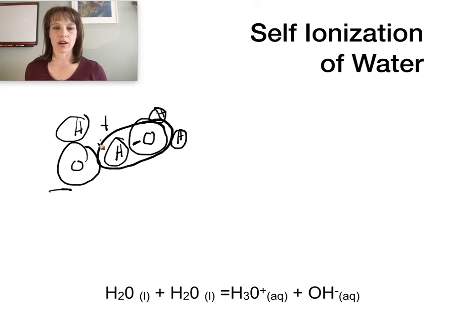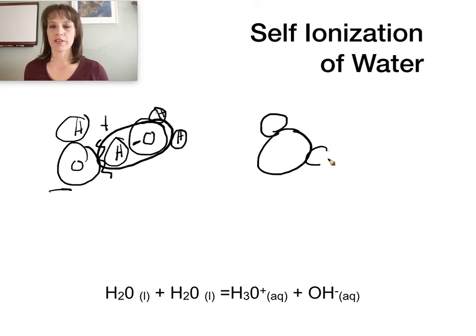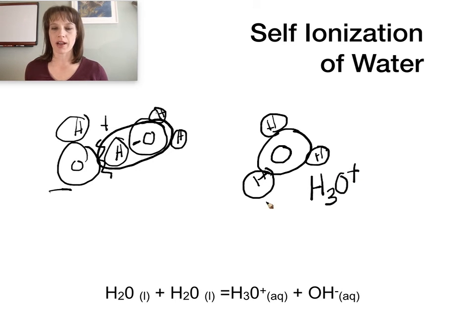Sometimes this is so strong that this hydrogen can break off and jump on board over here with this water molecule, and we have a molecule now with 3 hydrogen atoms and 1 oxygen. The whole molecule is polar, and it is the hydronium ion.